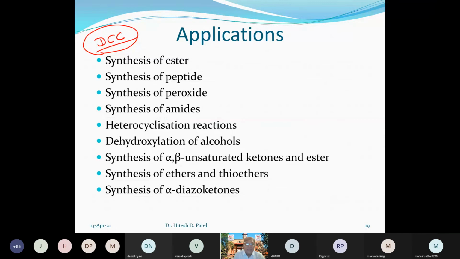Some maybe I will give you as homework, because it is very difficult to explain each and every application for each and every reagent, but the general or basic concept I will explain. I will also cover 1-2 examples with a suitable compound, and after that I will give you some homework, because if you practice it, then definitely you will learn more during semester 2.